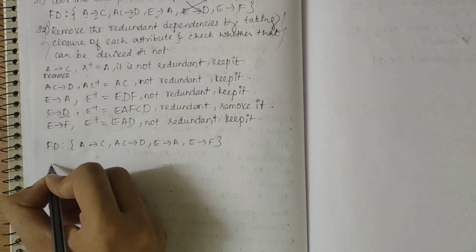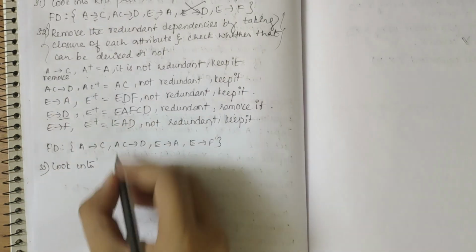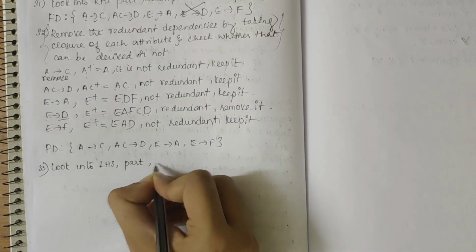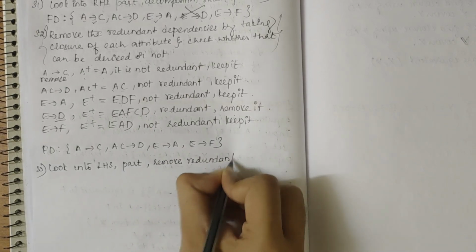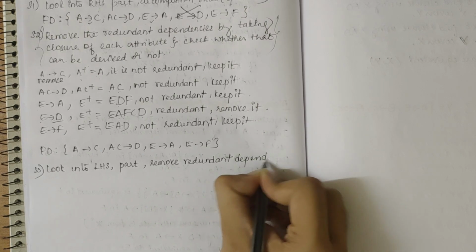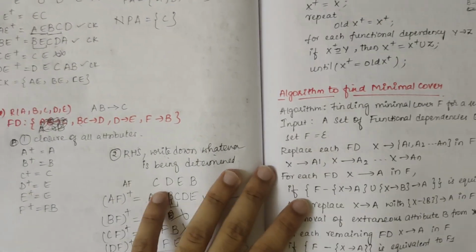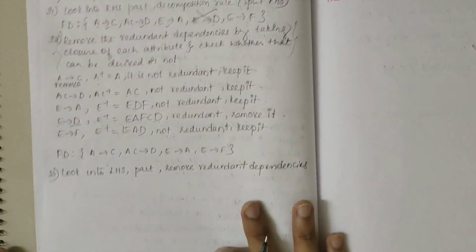Now my third step is to look into the LHS part and remove redundant dependencies. The basic idea of minimal cover is that you're eliminating all the redundant dependencies.